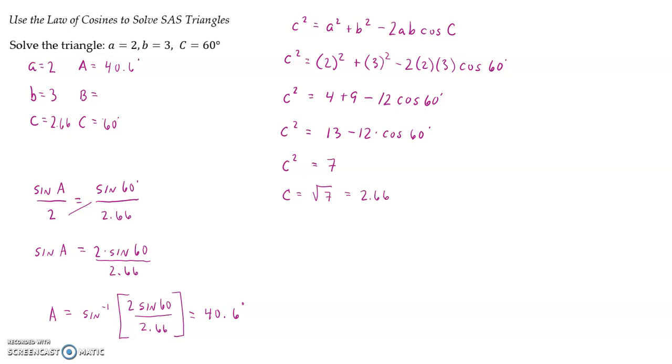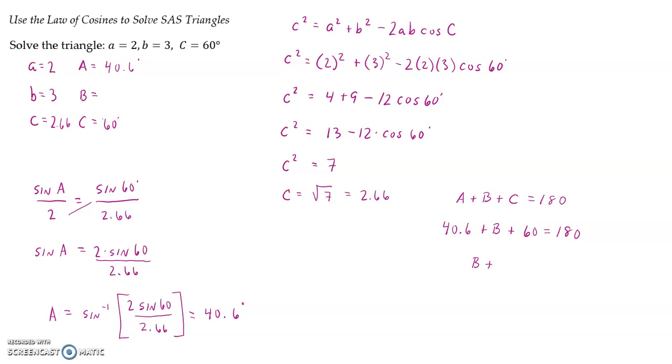And now we can go ahead and get our last angle measure. We know the three angles in a triangle have to add up to be 180 degrees. So we've got 40.6 plus angle B plus 60 degrees should give us 180.